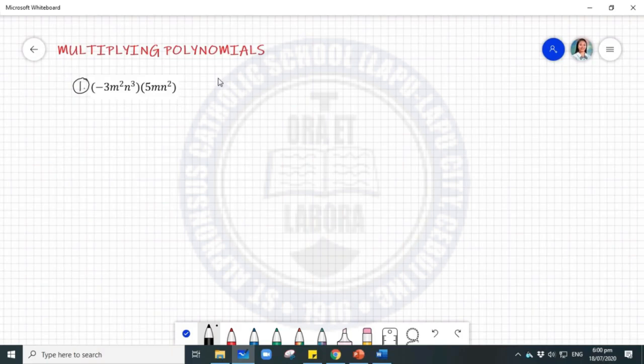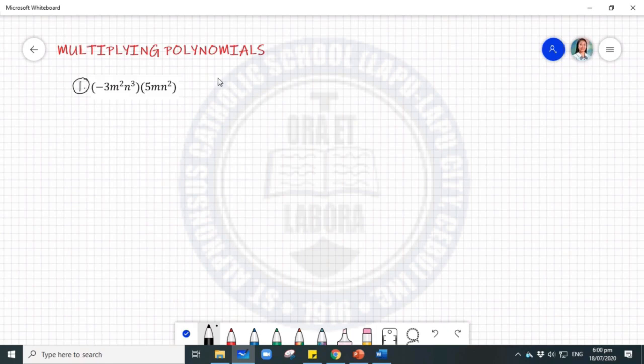Negative 3m squared n cubed multiplied to 5mn squared. So in multiplying polynomials, we're going to multiply or simplify the numerical coefficients, then multiply the literal coefficients and simplify the answer if needed.